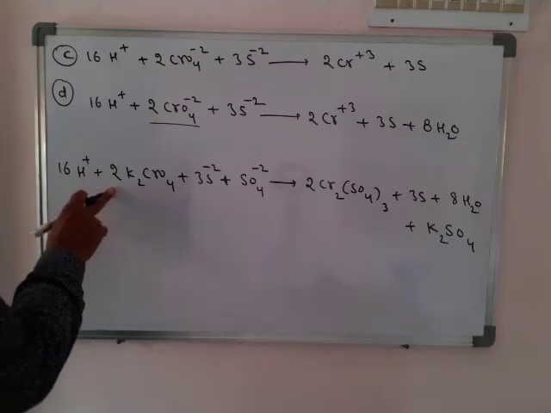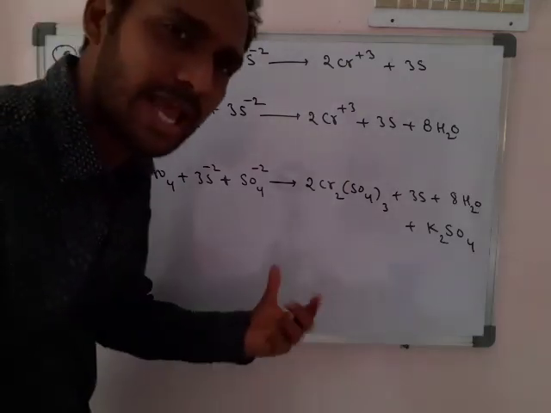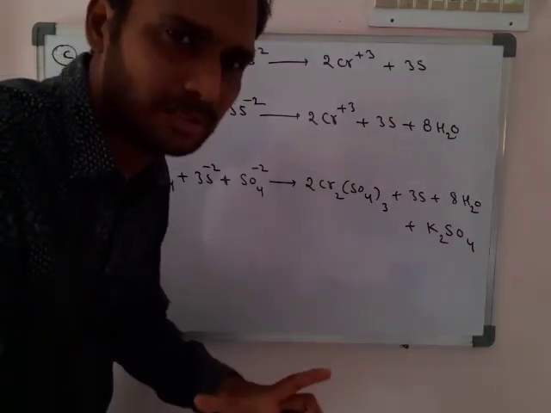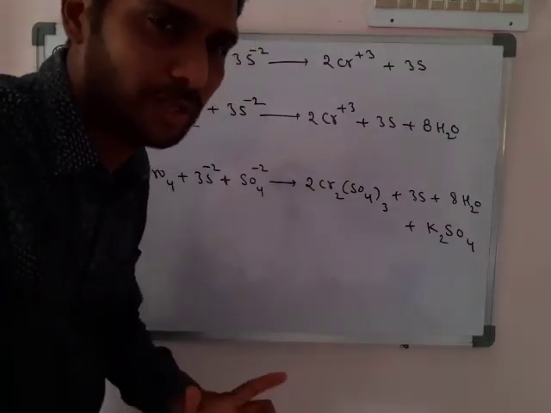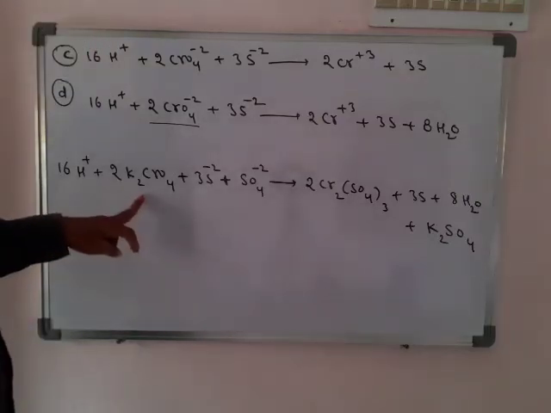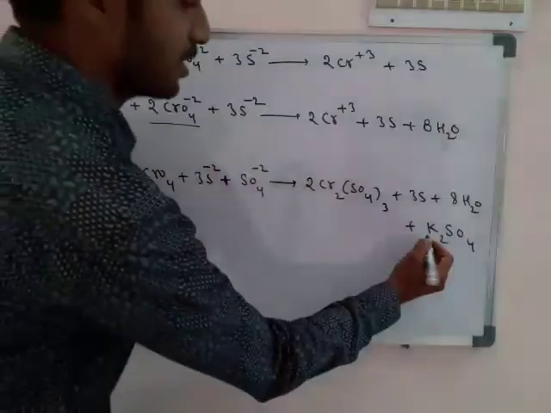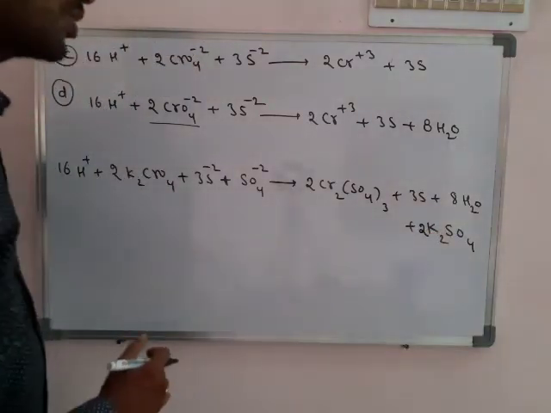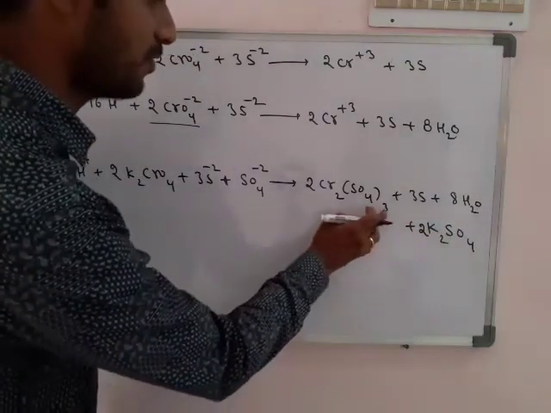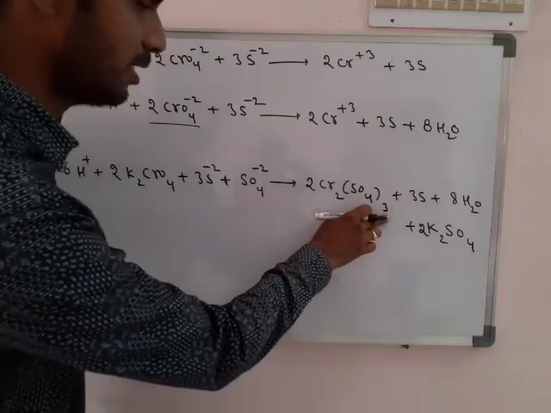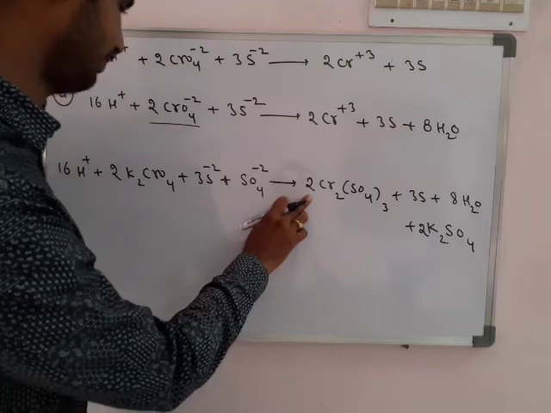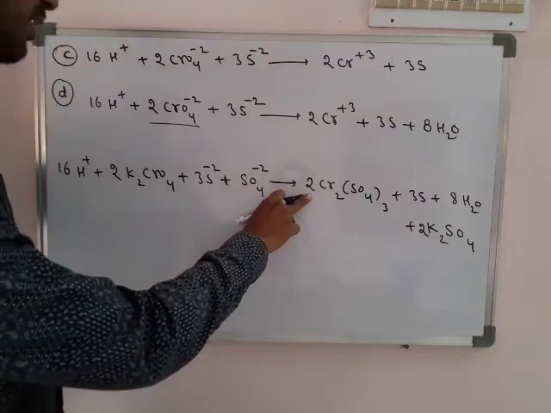4 potassiums. So for this last equation, while writing the ions we left, we have to follow the general method to balance. See, there are 4 potassiums here and 2 potassiums here, so just add 2 potassiums, completed. Now see here how many sulfates are there? SO4 taken 3, so 6 sulfates are there.